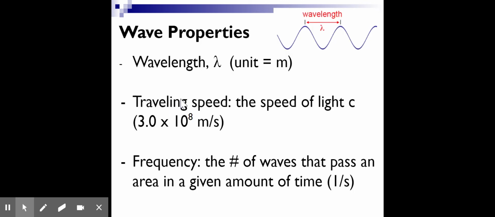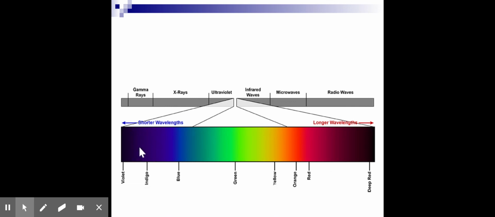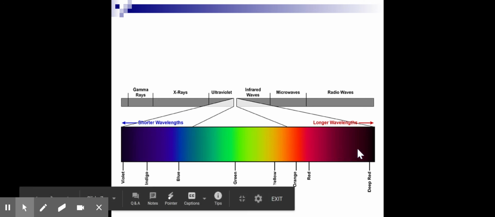And when lambda is smaller, like the blue and the purple, which have the shortest wavelength for the visible light, when we divide by a small number, E would be bigger.